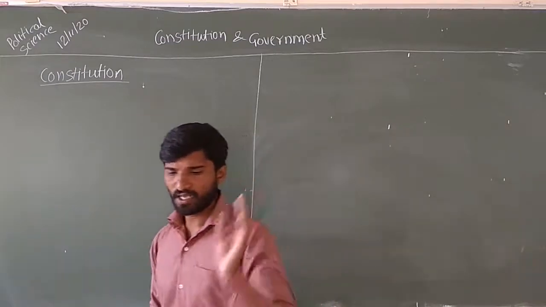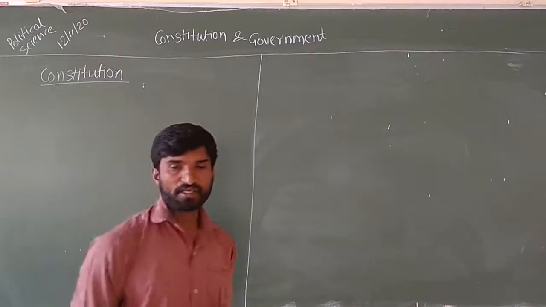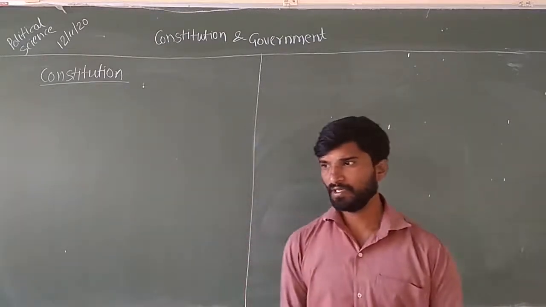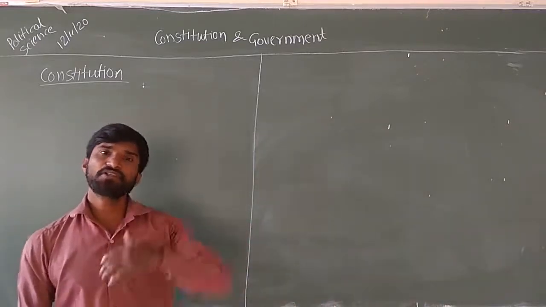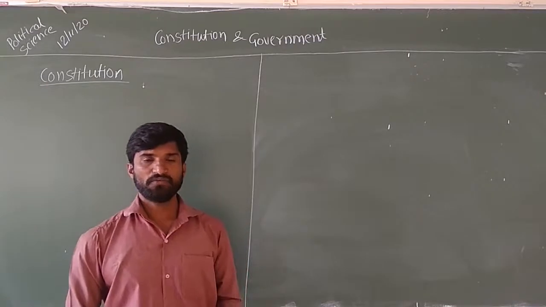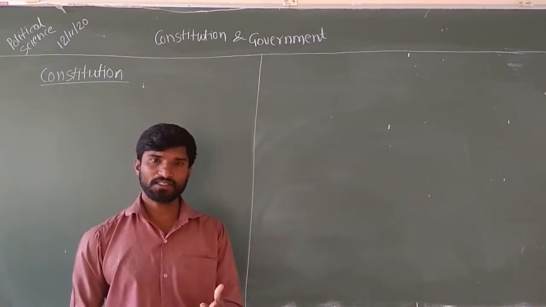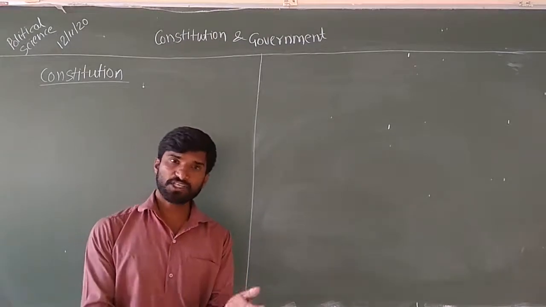The Constitution is a body of rules and regulations. It may be written or unwritten, because some countries have a Constitution which is unwritten, based on ethics, morality, public opinion, customs and traditions.